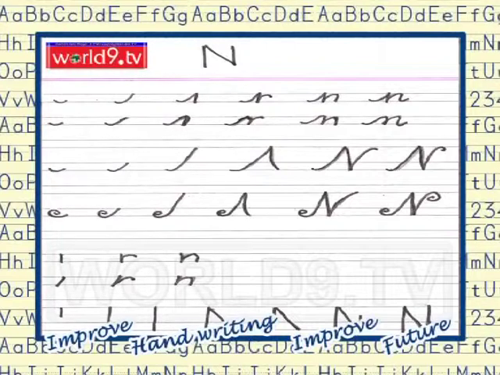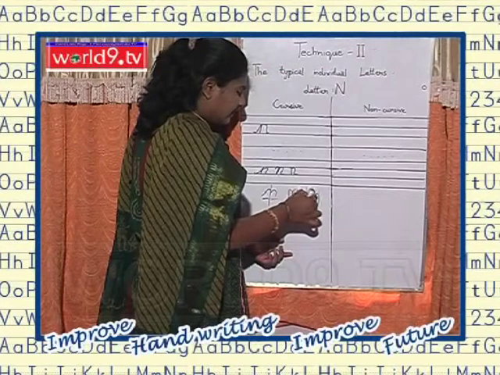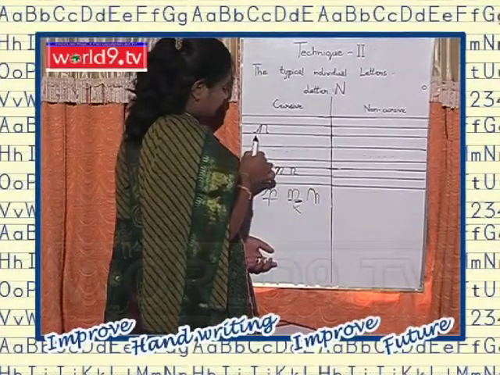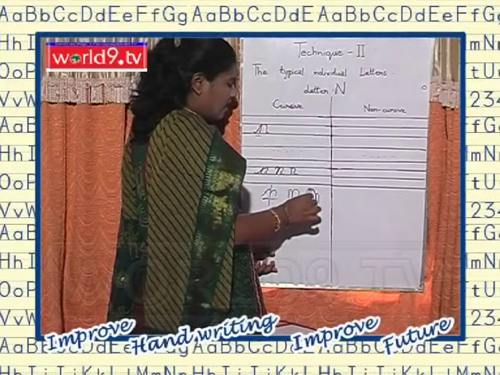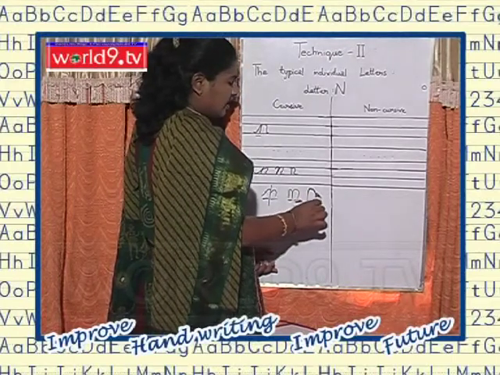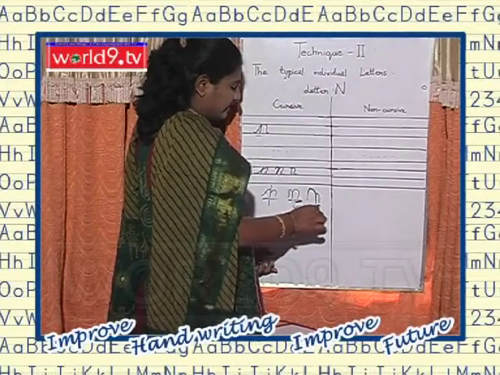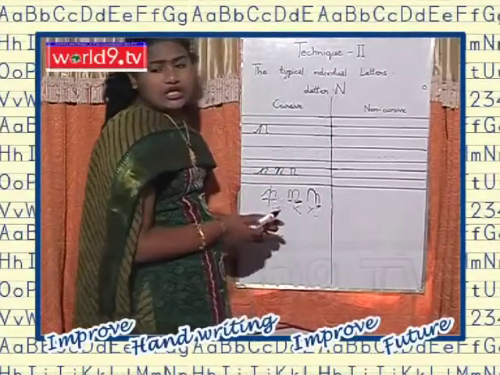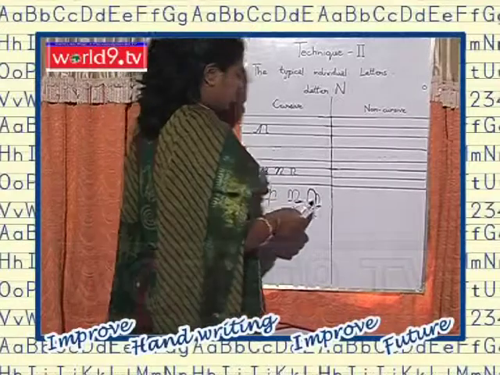They draw a big arch and then a thin arch for the letter N, and this is also a wrong method. That also looks like the letter M.